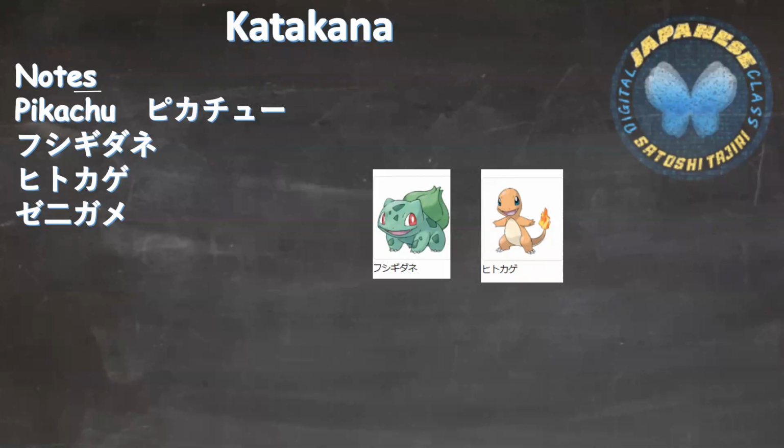Zenigame comes from the word kame. Kame means turtle. But since we are adding another word, zeni, it becomes Zenigame. Once we say Zenigame, it means baby spotted turtle. So it creates a new sound, which is Squirtle.